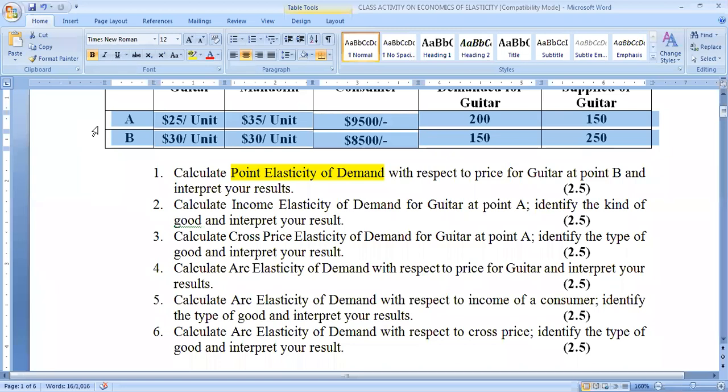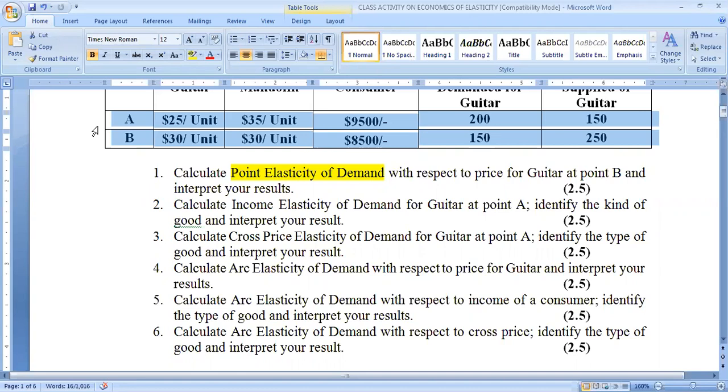But when you are looking to find out elasticity at any specific point, then that elasticity will be called point elasticity. And if you would like to find out elasticity between 2, between 3, or more than 3 points, this will be called arc elasticity, right? Similarly, arc elasticity can be found for demand and for supply as well. Point elasticity can be calculated for demand separately and for supply separately, right?